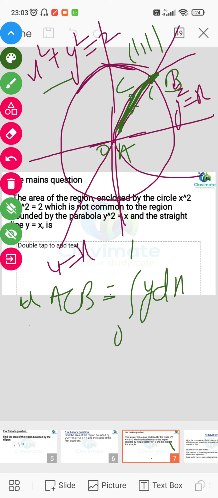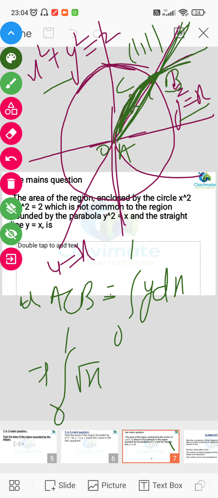Now what is the value of y here? This curve is a parabola, which means y square is equal to x, and this line is y is equal to x. So what is y here? It is integral 0 to 1 of root x minus x dx, right?